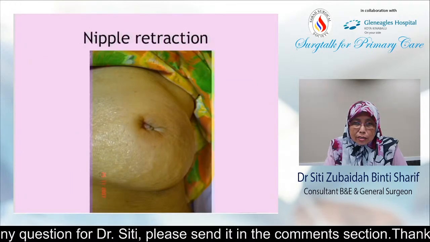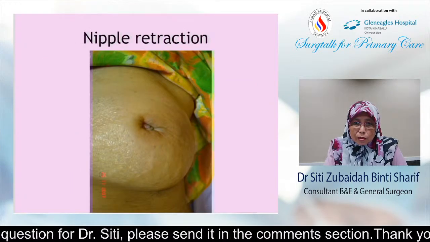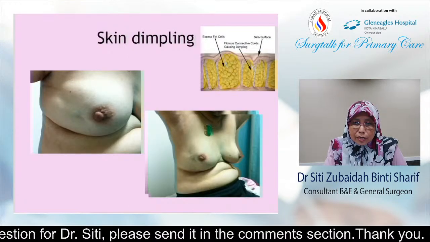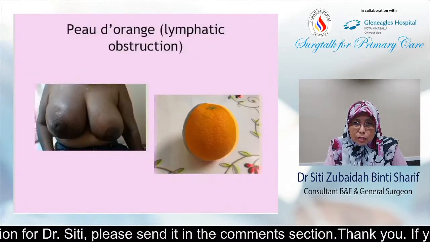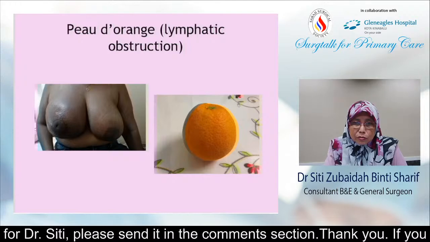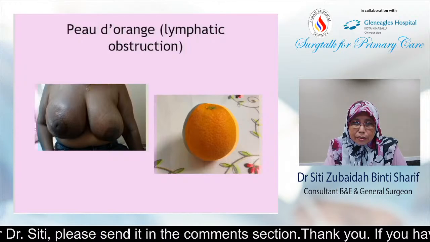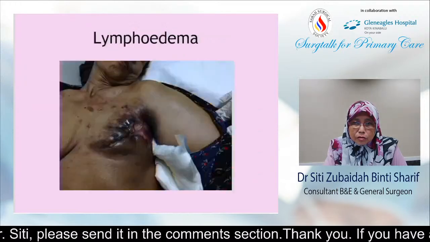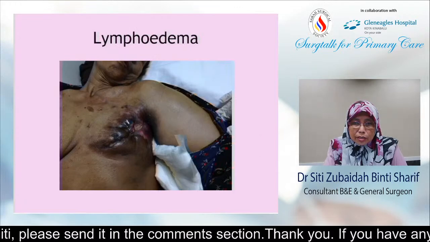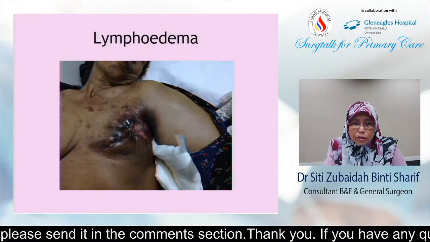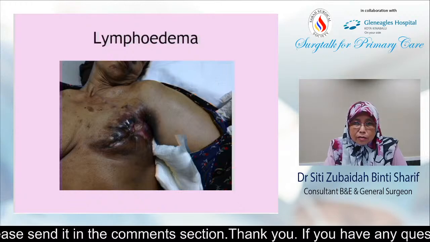Other signs are nipple retraction and skin dimpling. One of the signs also is peau d'orange, which occurs when there is lymphatic obstruction, and lymphedema when the cancer has already spread to the axilla.